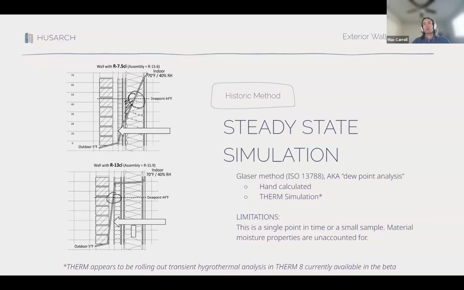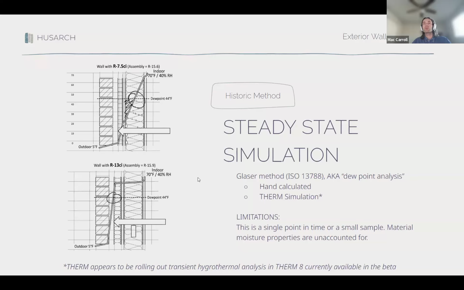Historically, we've been looking at a steady state simulation, a dew point analysis of wall sections, where the indoor and outdoor temperatures are constant. You can do a little bit more math between those.